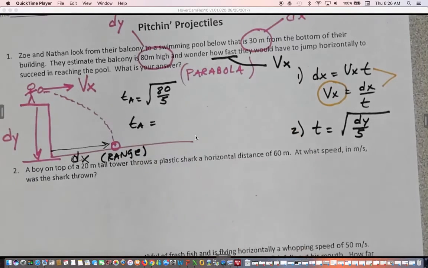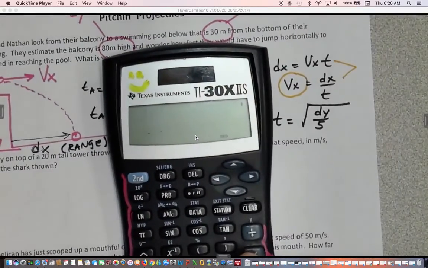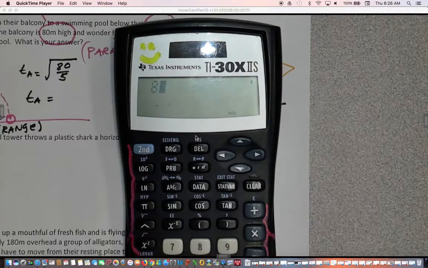At this point, I'm hoping you have a calculator, because you would have had to get a calculator for this. In my calculator, try to take the glare out, I'm going to take 80 and divide by 5 first. That is 16. That is a nice number. Now I want to take the square root of that.